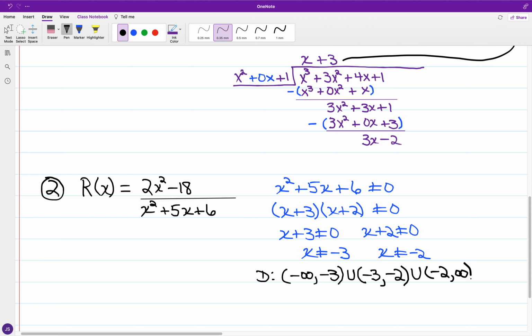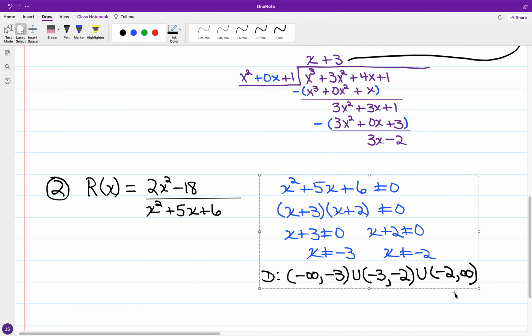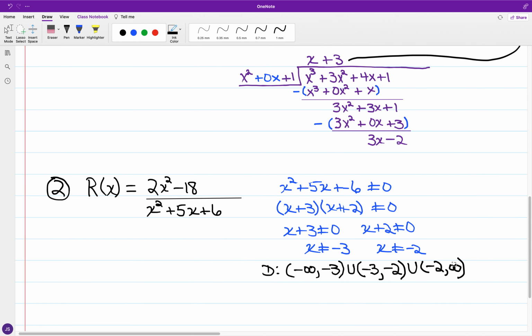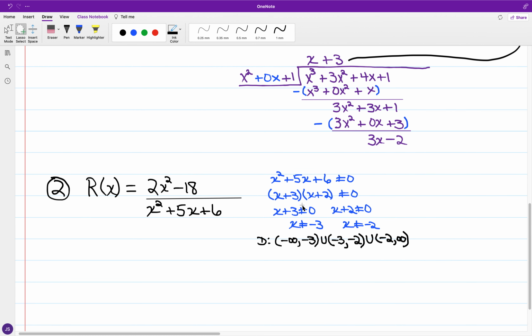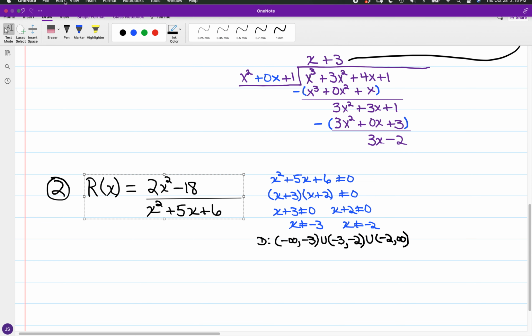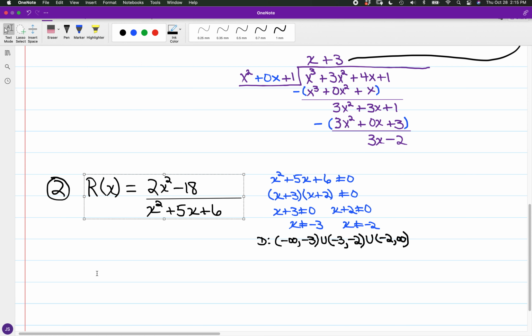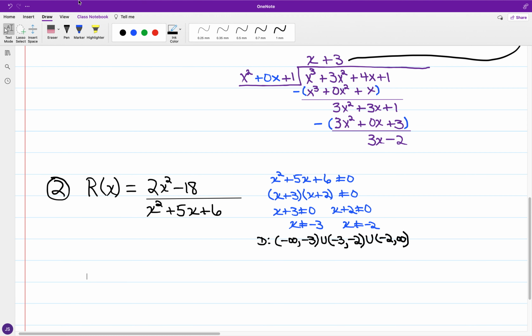So you have two exclusions from the domain, and we could potentially have up to 2 vertical asymptotes. If that is not the case, you might have one hole and one vertical asymptote, or if the corresponding factors of x plus 3 and x plus 2 cancel, you might have 2 holes in the graph.